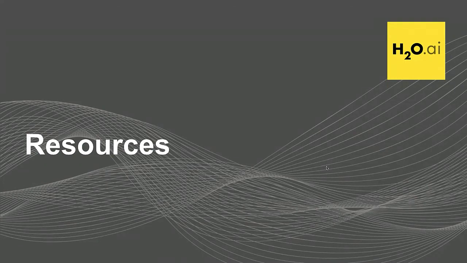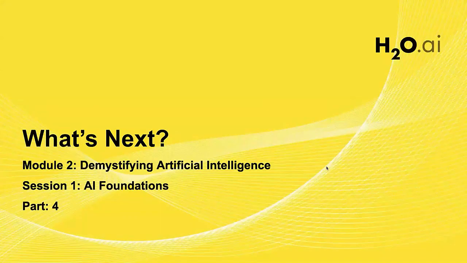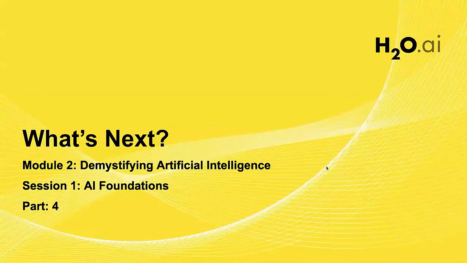Yes, the session is recorded and it should be up within 2 days, maybe less than that. So each session should be available within 2 days. And everything will be on the training website. The site that you went to today to access today's session will be the same place where you go to see the recording.